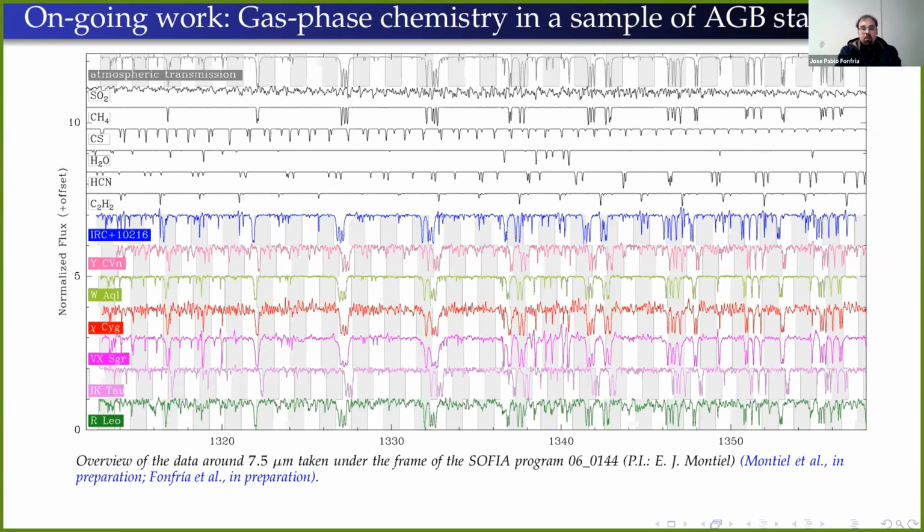Yes, I did consider it, but it's a bit difficult because of the observing conditions. The instrument is not always available. There are different times during the year that the instrument is mounted on SOFIA, and you can use it. So it's difficult to select a specific time to observe the different stars, but it can be tried, of course.